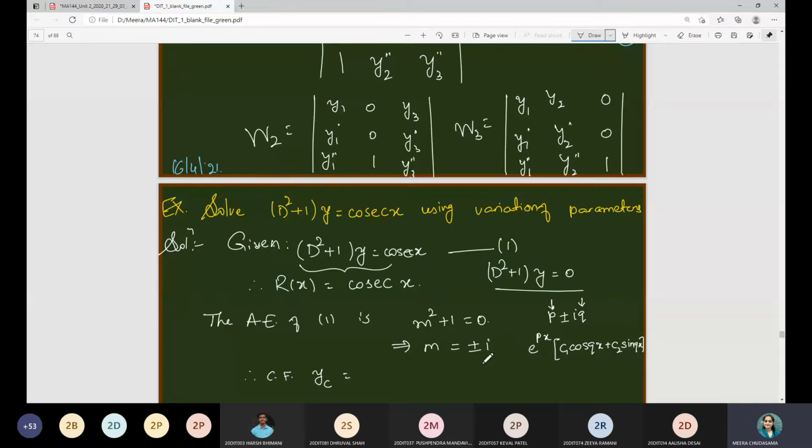So for plus or minus i, what is the real part? 0. So e raised to 0 is 1. So now what will be the solution? q is 1. So it is c1 cos x + c2 sin x, where c1, c2 are arbitrary constants.